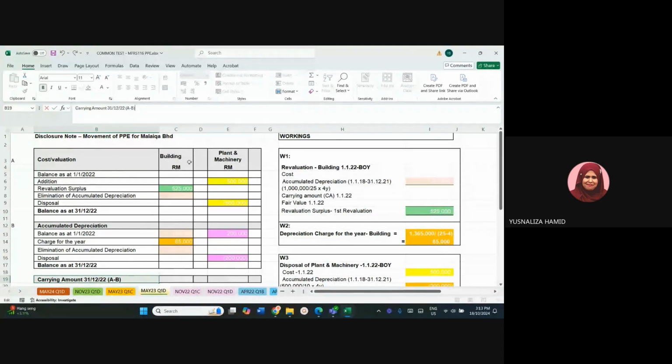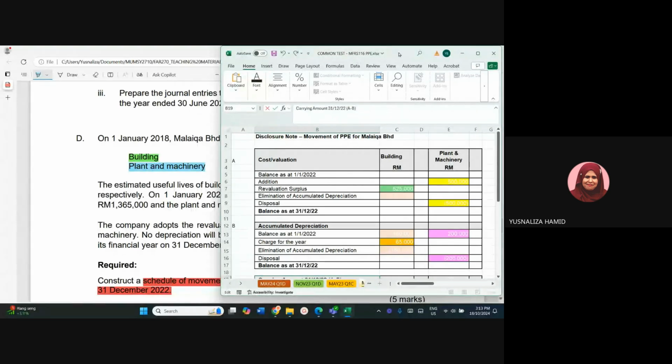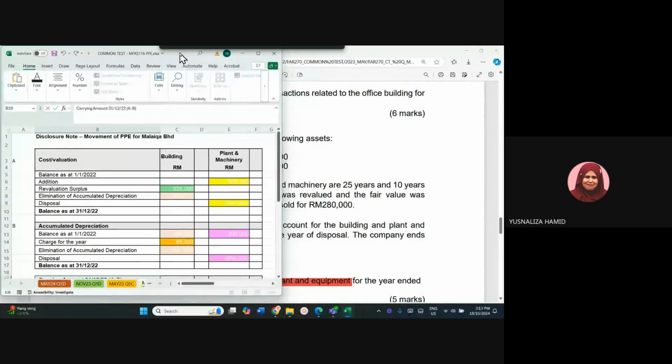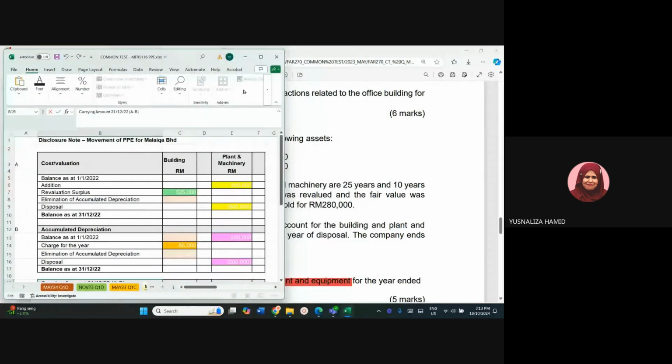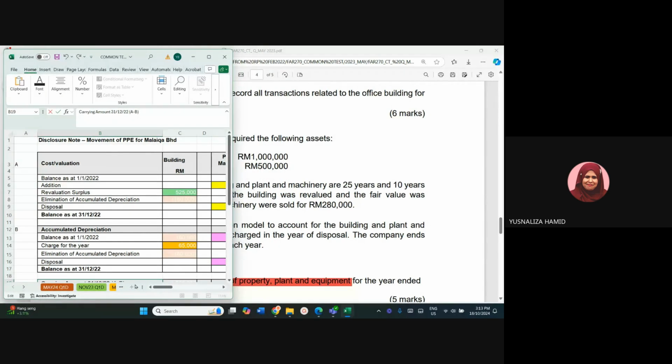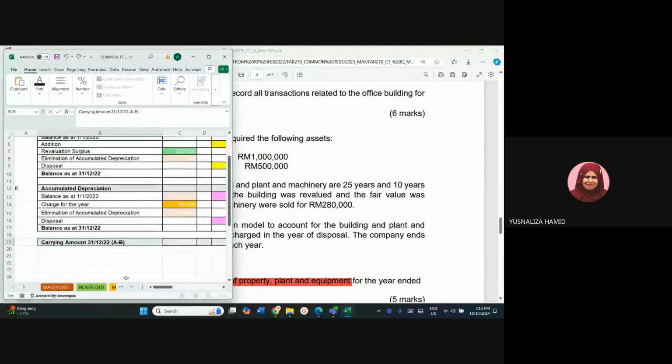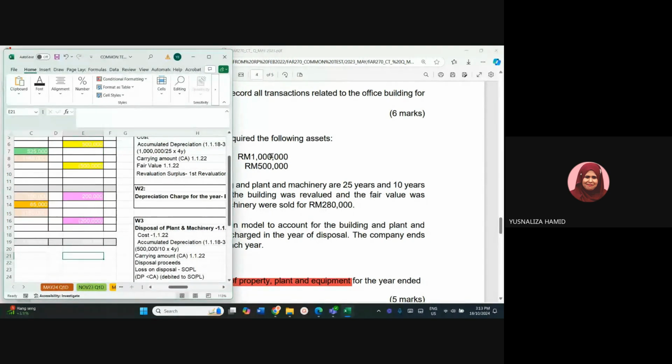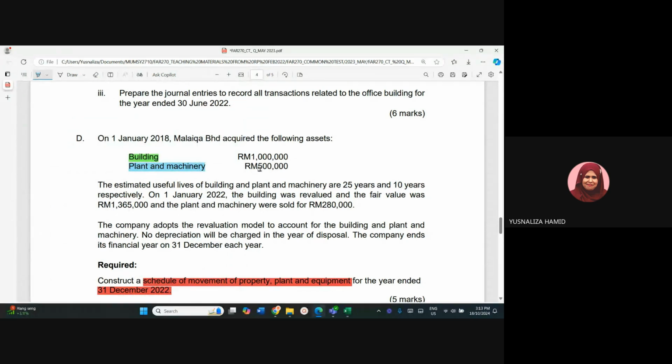So no impairment loss. So go and put the information that you have been given FOC, free of charge, which is information from the question. You can see the information given in the question. For example, you can check that these are the information given here: 1 million and 500,000.